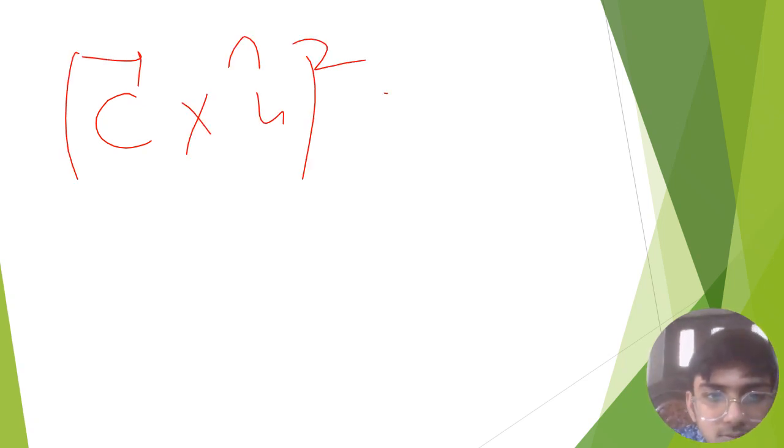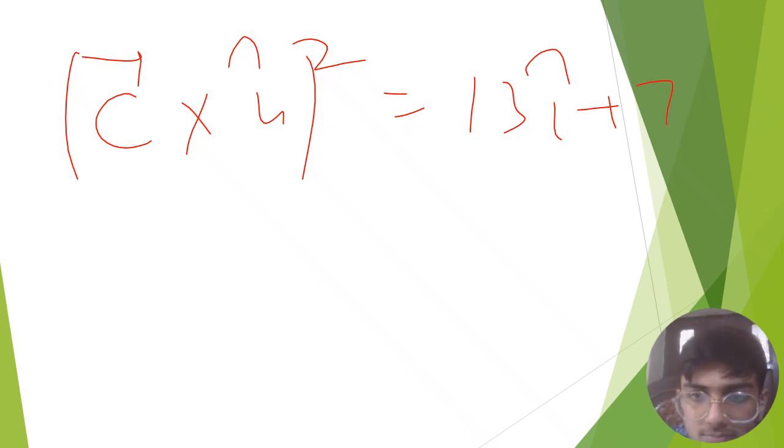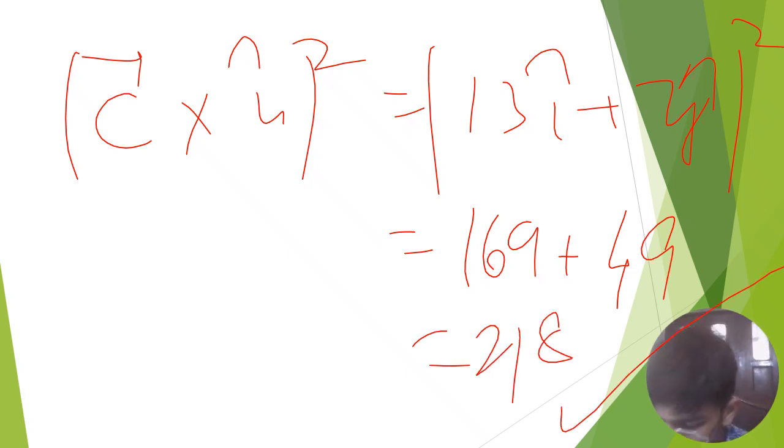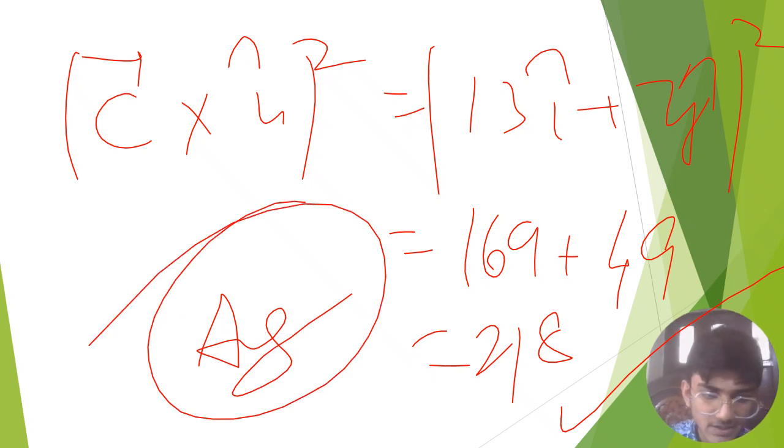So it is coming as 13i plus 7j, right? We have to take the magnitude. So 169 plus 49, which will be 218. So yes, this is our answer.